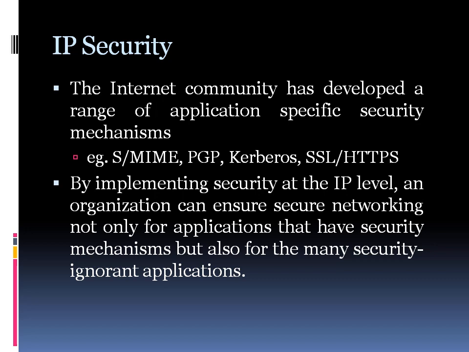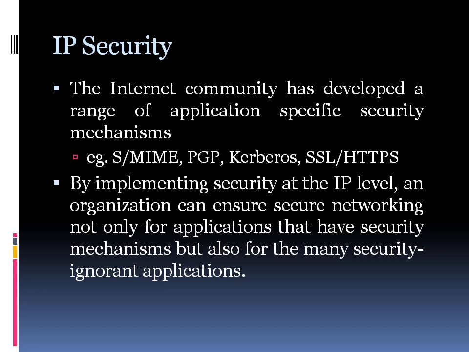The Internet Protocol Security or IP security is a secure network protocol suite that authenticates and encrypts the packets of data to provide secure encrypted communication between two computers over an IP network.